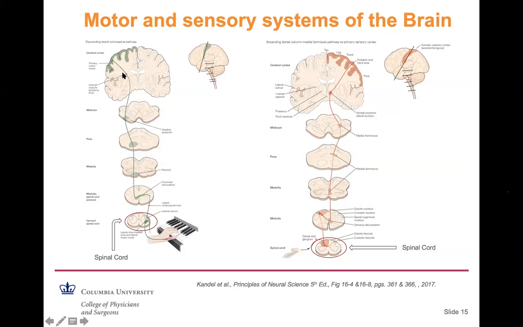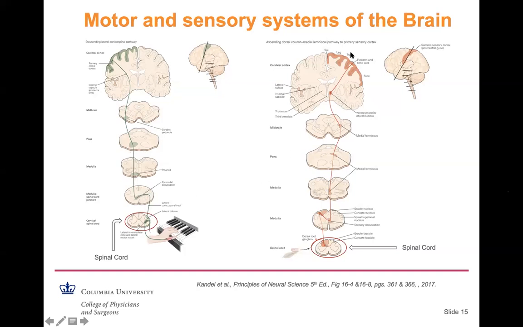And so if you have injury to the right motor cortex, you are going to affect the left side of the body that's represented. And likewise, if you have injury to the left motor cortex, you are going to affect the right side of the body. That's because of where they cross in the lower part of the brainstem from one side to the other.